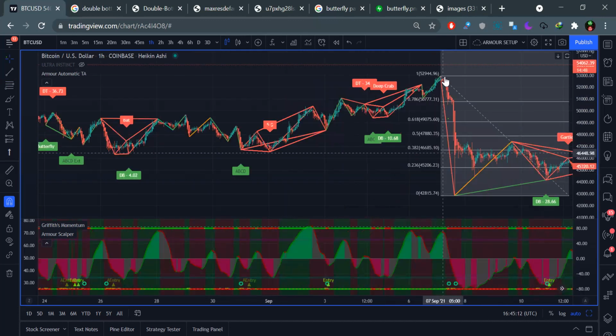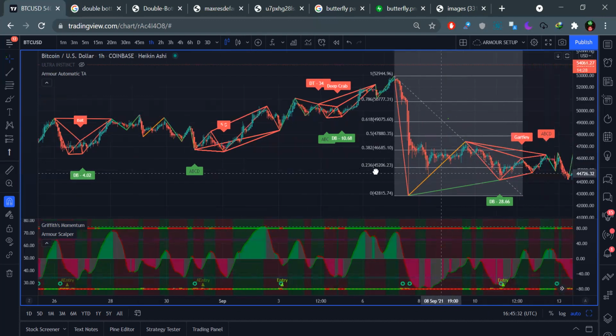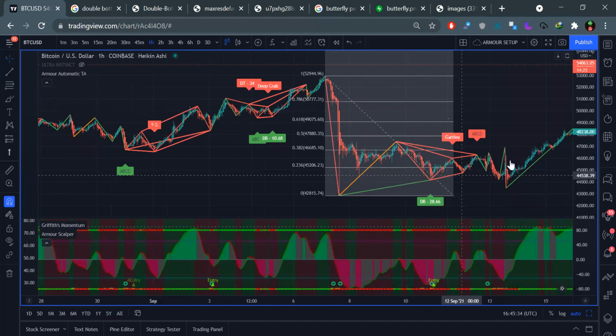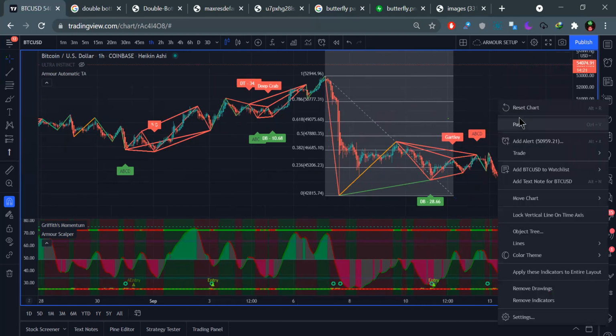So whenever after a big drop, price usually moves around 0.382 and 0.618. So smart people long from the bottom and exit at 0.382, and then they take another entry below 0.236 or close to the bottom, and then price moves back up. So that's how we buy the dip.